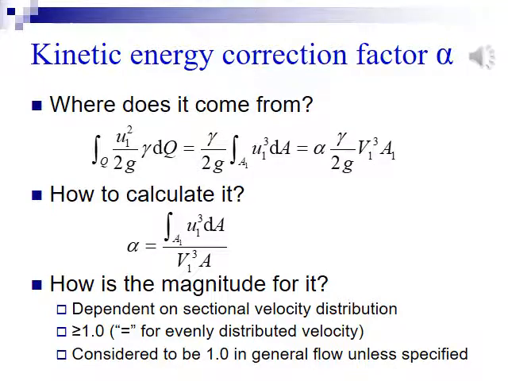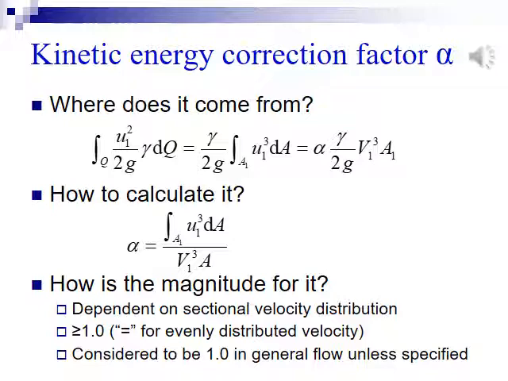This coefficient alpha is called the kinetic energy correction factor. Its definition and calculation expression is the bottom equation on the page. Alpha is not less than 1.